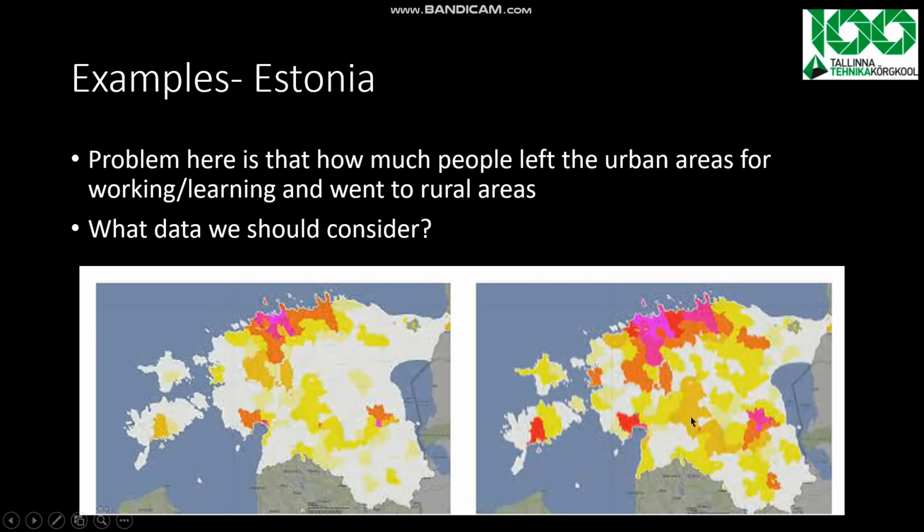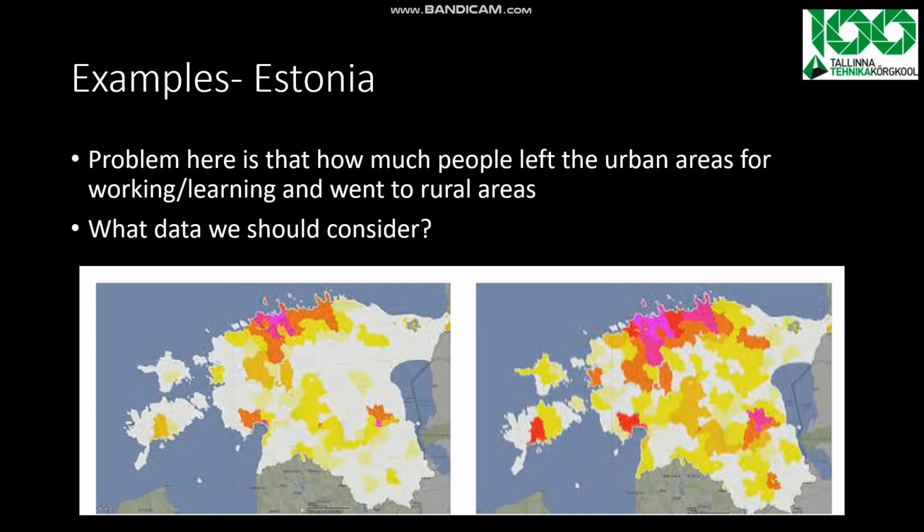So one example of using a GIS in one project is this problem: how many people left urban areas, where they were working or learning, and went to rural areas. Think about it. What data should we consider to see it?